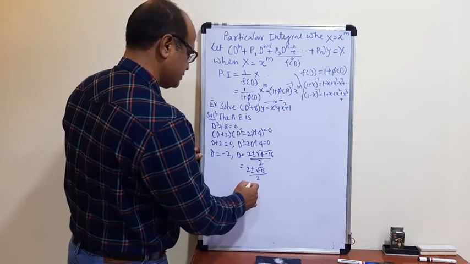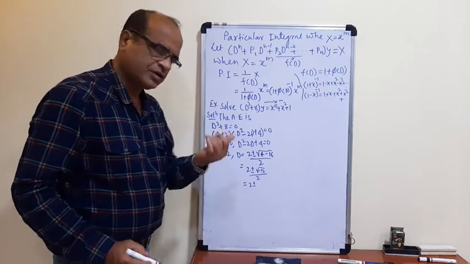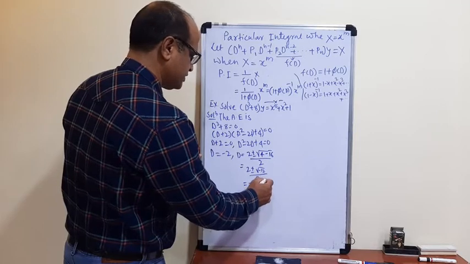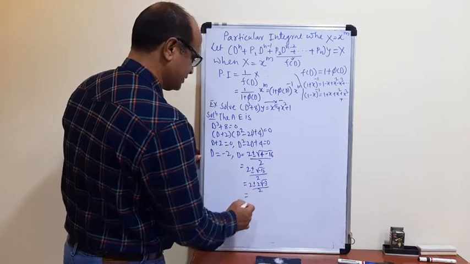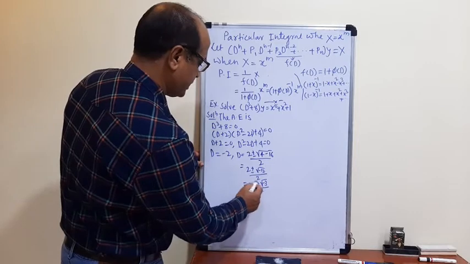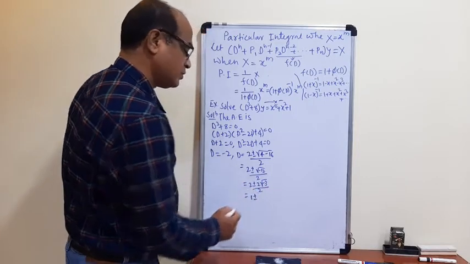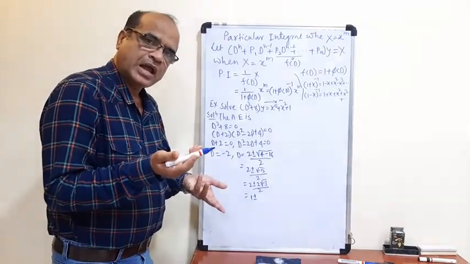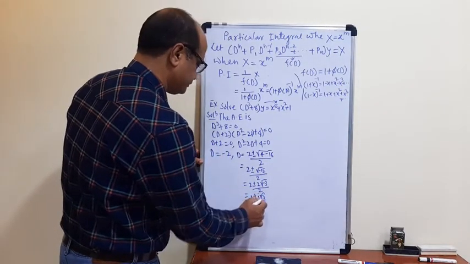Divided by 2. So 2 plus or minus root of minus 12. What is 12? This is 3 into 4, and taking 2 out from the root, this is minus root 3 divided by 2. So the 2 gets cancelled, and we get 1 plus or minus root of minus 3. The root of minus 1 is i, so i root 3.